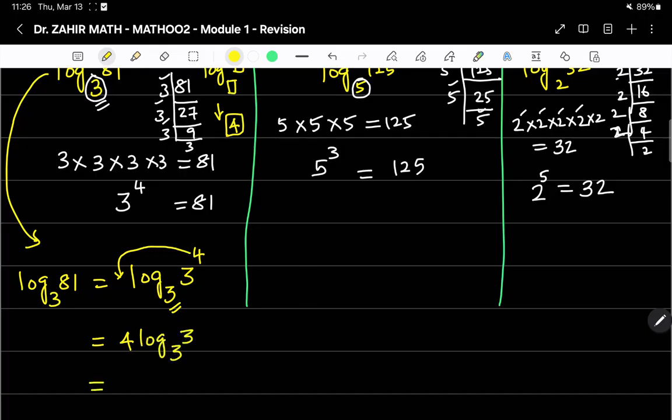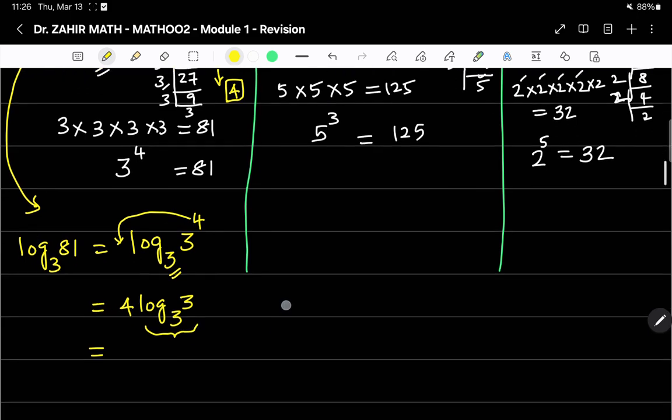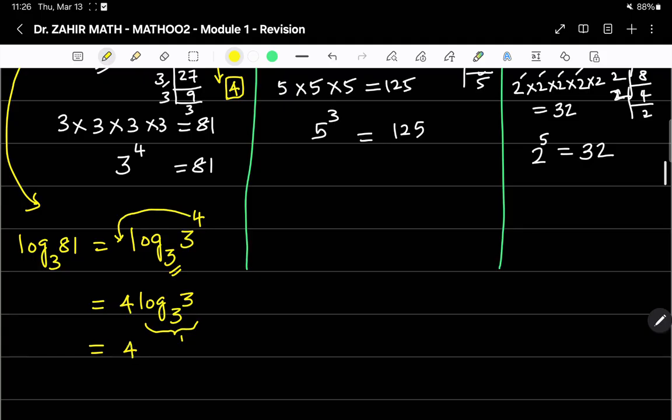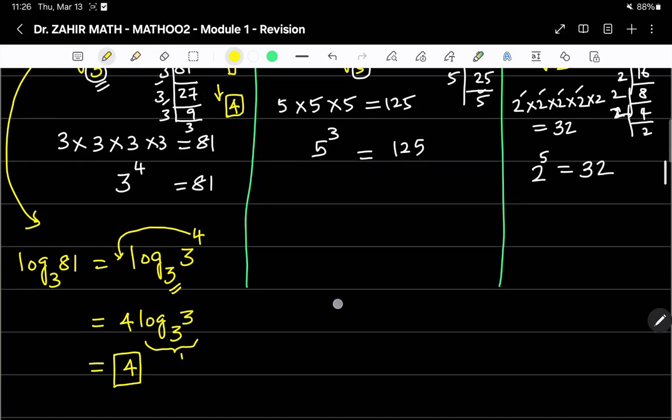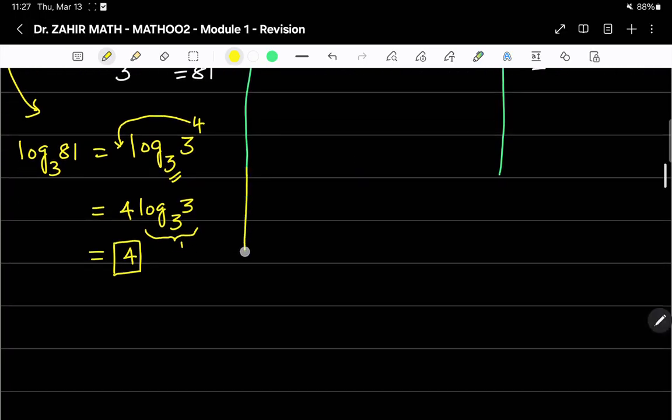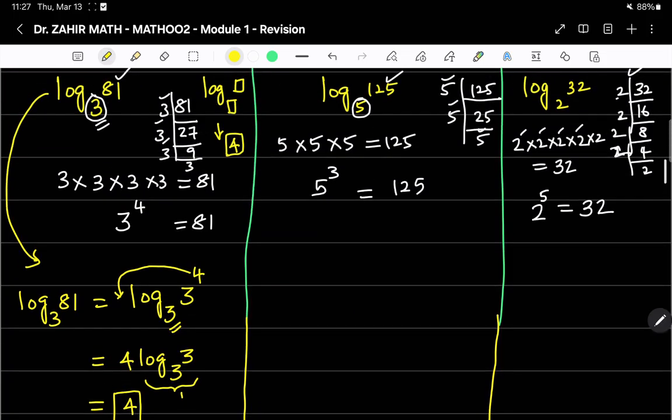This equals, log any number to the base the same number will be equal to 1. So the answer is equal to 4. You can check your answer in the calculator, but these steps are very much important. Keep in your mind. These steps are very, very important.